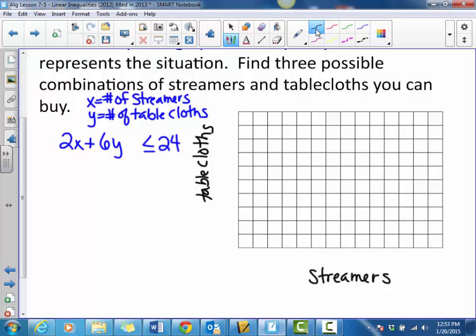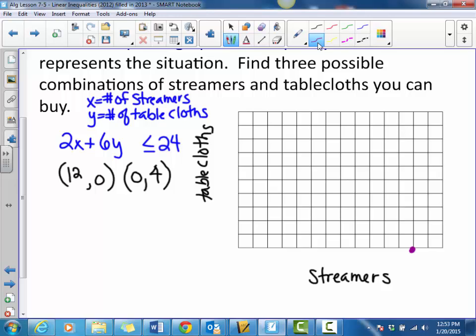It says use the intercepts to graph this. When I let y equal 0, or when I cover up y, I know that x needs to be 12. And when I let x equal 0, or when I cover it up, y has to be 4. So when I go to graph those, 1, 2, 3, 4, 5, 6, 7, 8, 9, 10, 11, 12. That's 12, 0 for streamers.